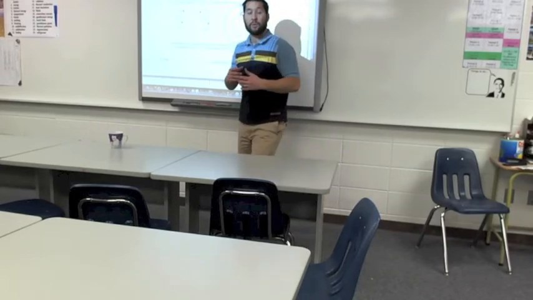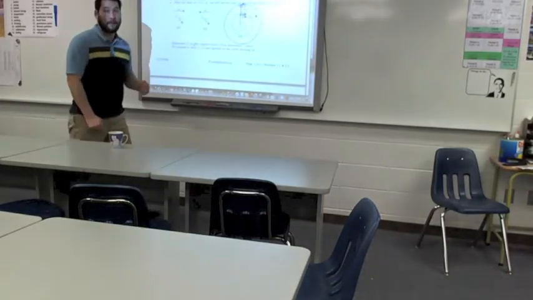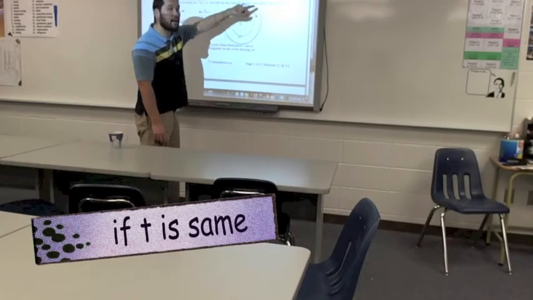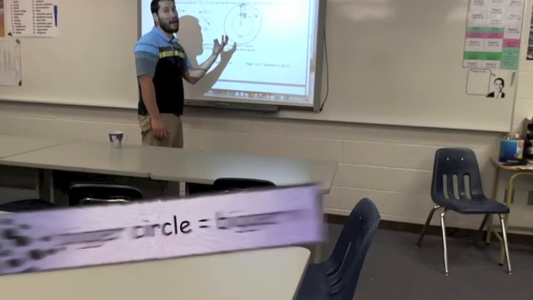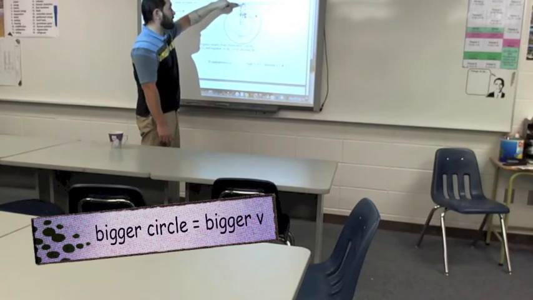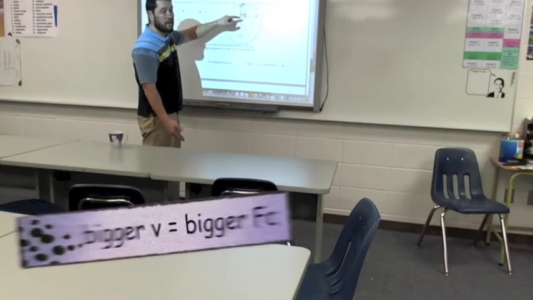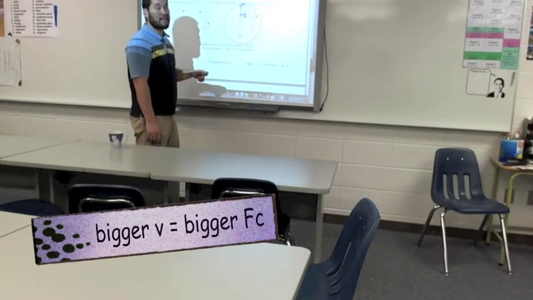So the question would be, which one has a greater velocity, right? I would say that the one on the outside is, because it's going to have a greater circumference traveled in the same amount of time. That means if you're traveling on the outside, you're going to have a greater velocity. If you're on the inside, you're going to have a lower velocity.